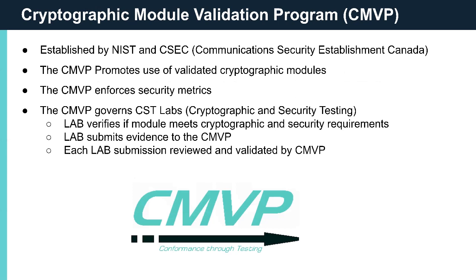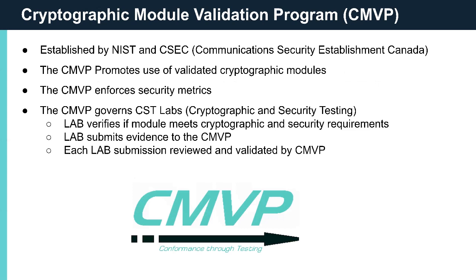The CMVP stands for the Cryptographic Module Validation Program. This was established in coordination between NIST and the Communications Security Establishment of Canada, or CSEC. The CMVP promotes the use of validated cryptographic modules, and you'll see here, validated is going to mean FIPS terminology.